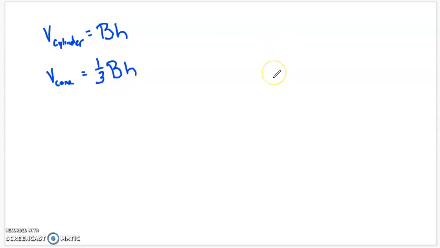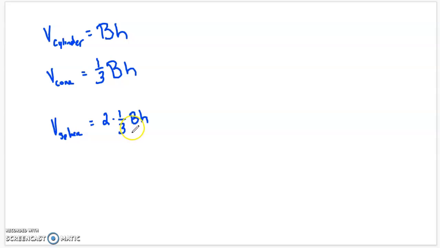All right, so now we know that there are 2 cones in our sphere, right? So we want to think about our sphere. We know that there are 2 cones, so we could theoretically just multiply our cone by 2 to find the volume of our sphere.